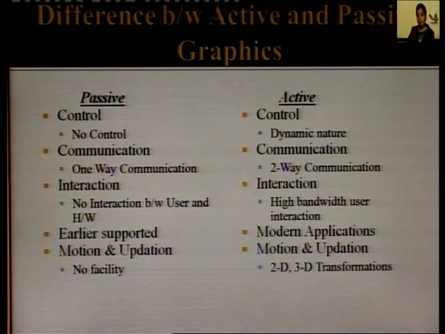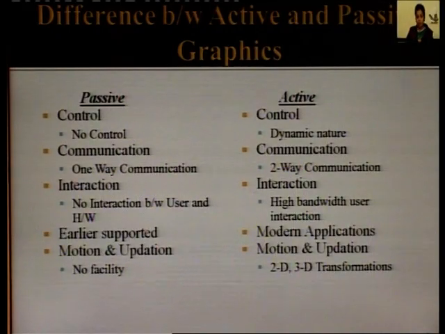Regarding interaction, in passive there is no interaction between the user and the hardware, whereas in active computer graphics there is high bandwidth user interaction. Passive was supported earlier, but active computer graphics is a recent and modern application.